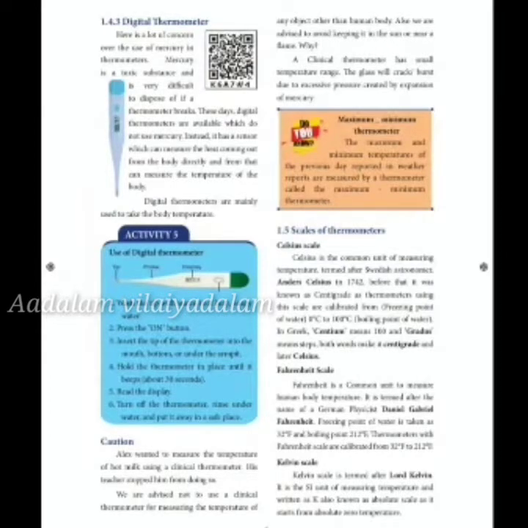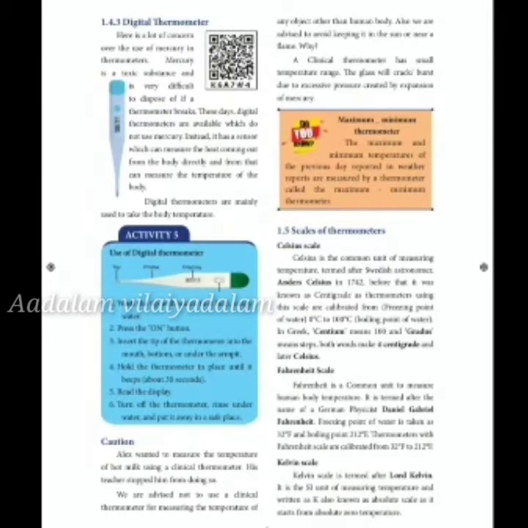Now, scales of thermometers. In the Celsius scale, a Swedish astronomer called Anders Celsius, in 1742, found out this scale. It was earlier called centigrade.